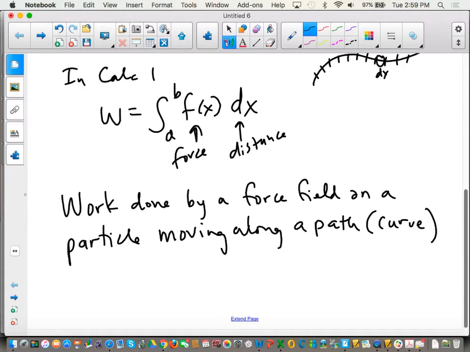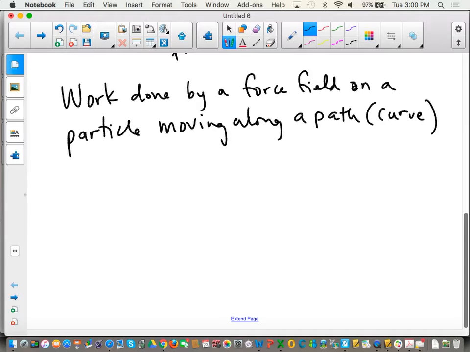And you can look at a lovely picture on page 1095. You see that little vector in the middle on the left hand side. All the blue lines are this force field.